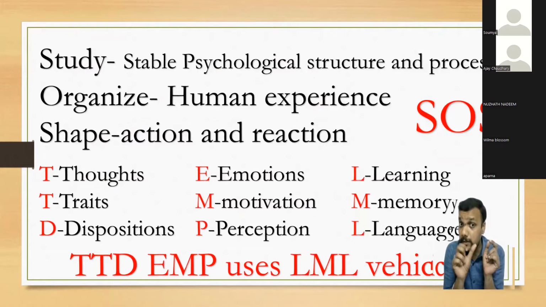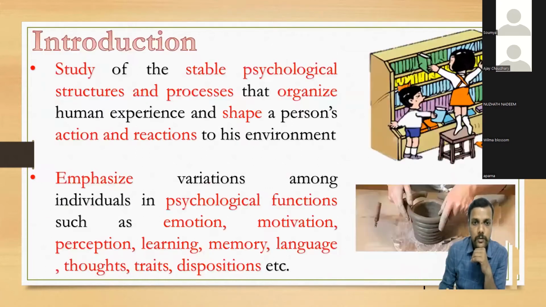It organizes human experience. Then another word, shape. It shapes our action and reaction, how we react to a particular situation. Remember it as SOS: study, organize, shape. Study of stable psychological structure and processes, which organize human experience and shape our action and reaction to that particular situation. Okay, this is a simple way to remember the definition.